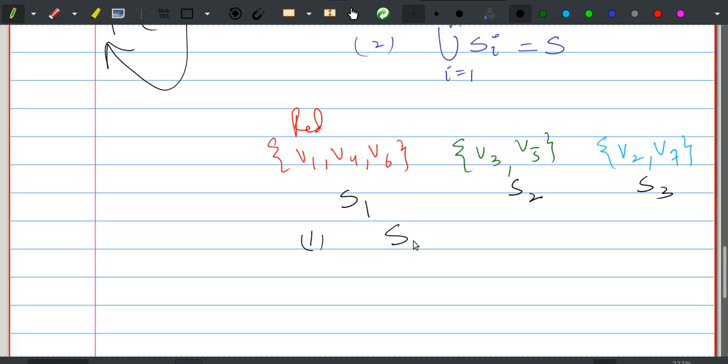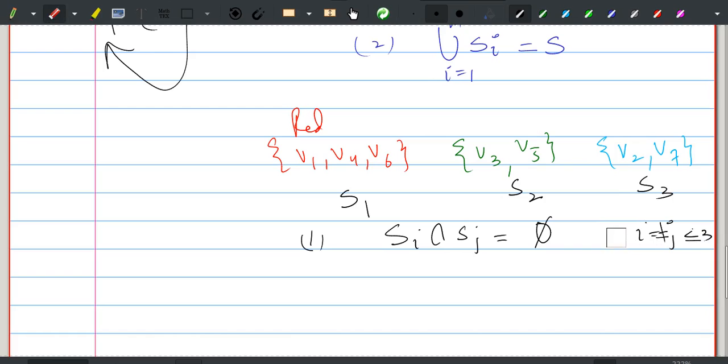So Si intersection Sj is empty for all i not equal to j, where i and j lie between 1 and 3.